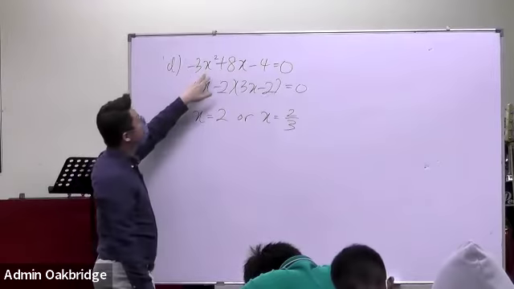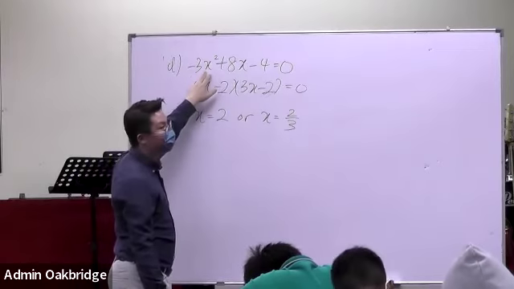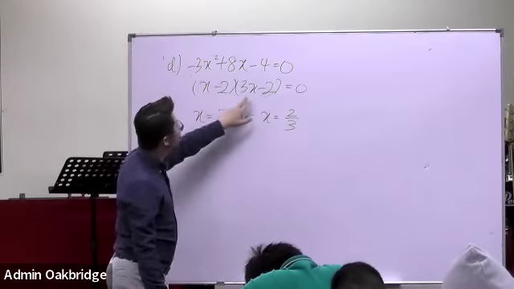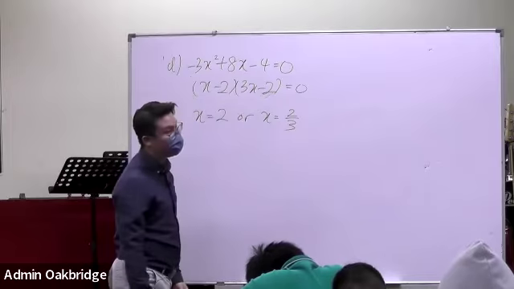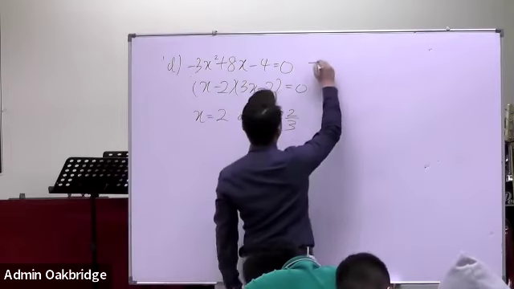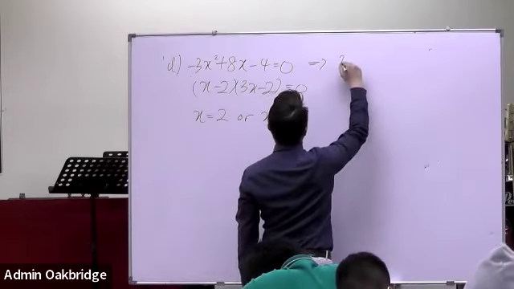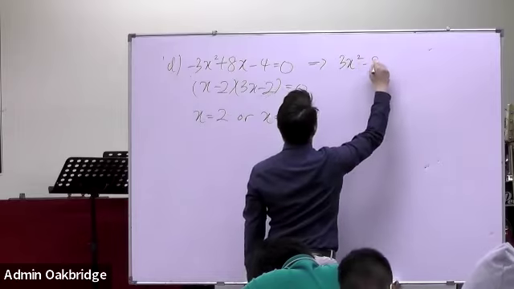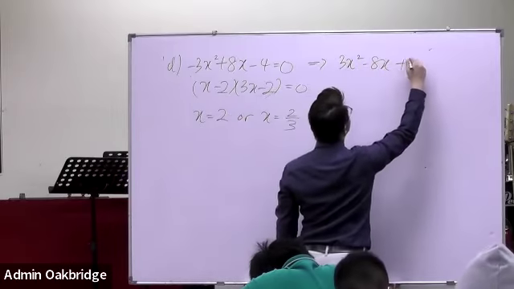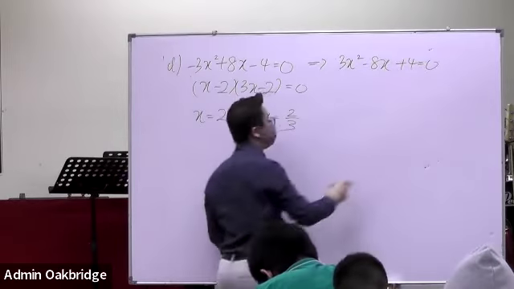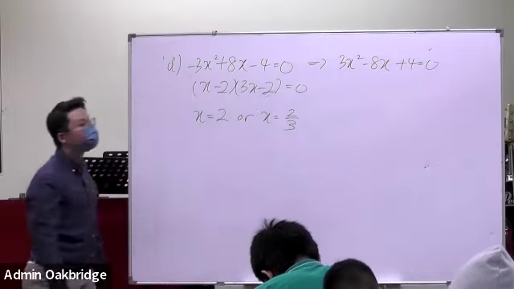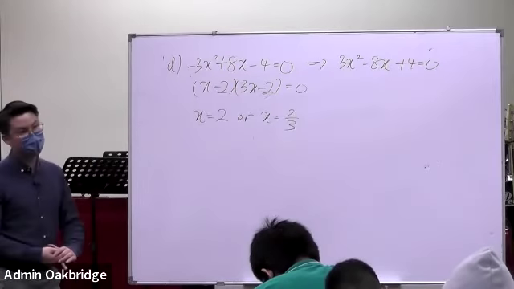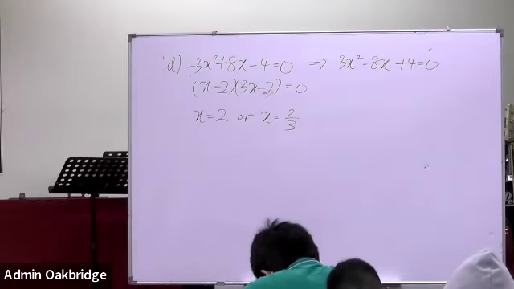We always want to make sure that the coefficient of x squared is positive. Then all these steps will be correct. So this one, you have to change the coefficient of x squared to positive first. Then only you apply the way that I showed you just now, then you will still get the same answer. Okay, understand?